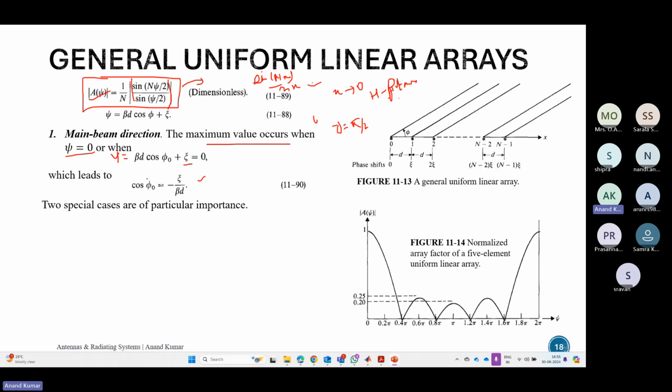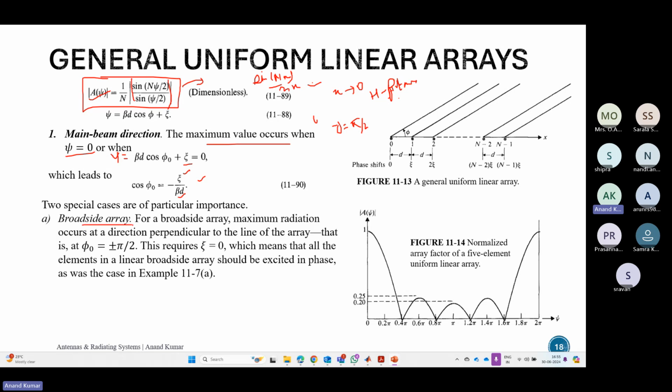So we do not have the values for these two things, so we can take two special cases. One is the broadside array. Once we say this is a broadside array, we know the maximum direction is like this, right? So the maximum occurs when phi is equal to plus or minus pi by 2.